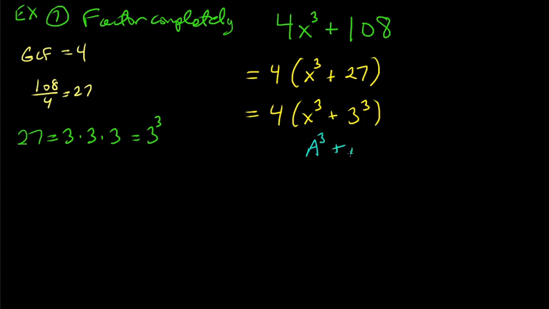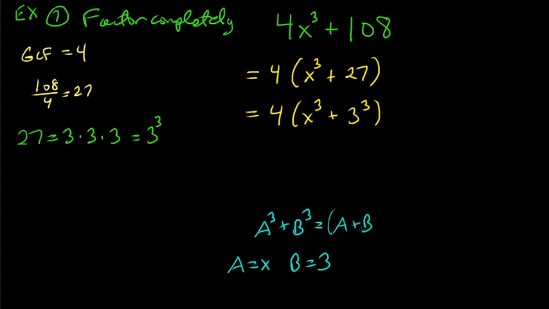A cubed plus b cubed. So here a is just x, and b is just 3. So this should factor as a plus b times a squared minus ab plus b squared.